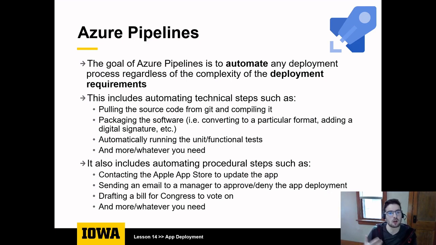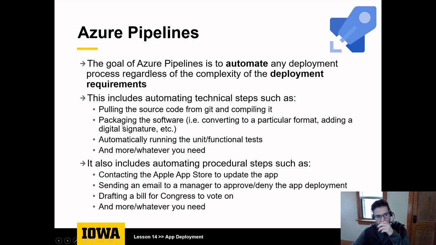And that is, regardless of the complexity of the deployment requirements, whether they're technical requirements or delivery requirements or organization requirements, we should be able to automate our deployment process using some tool.